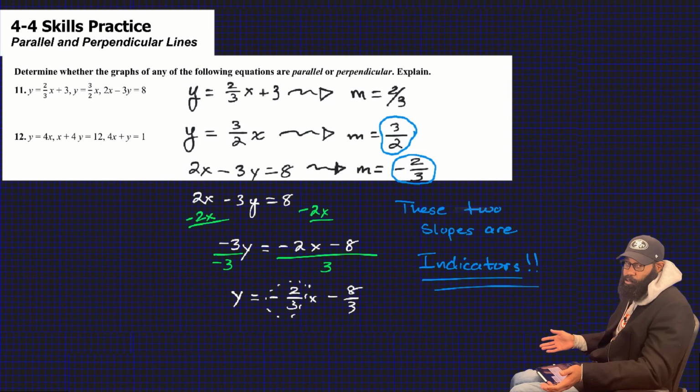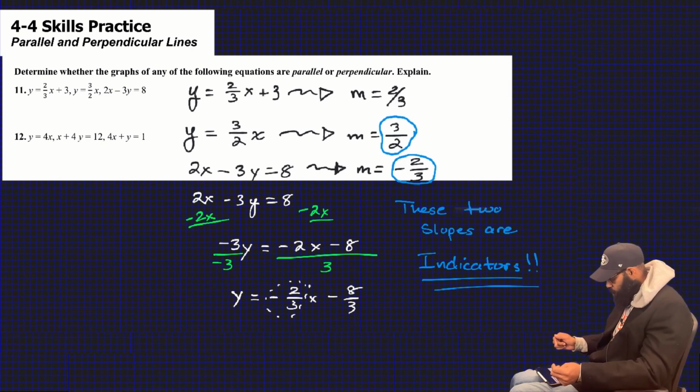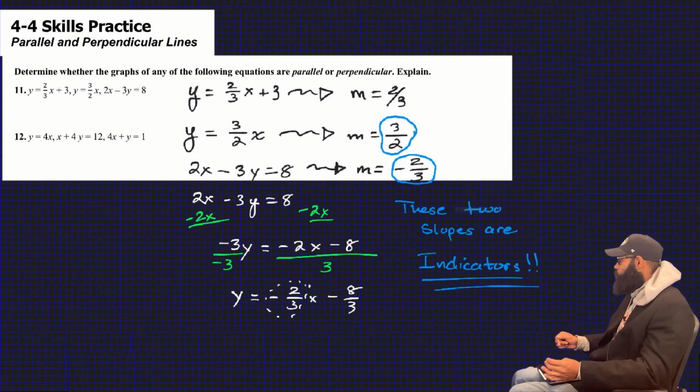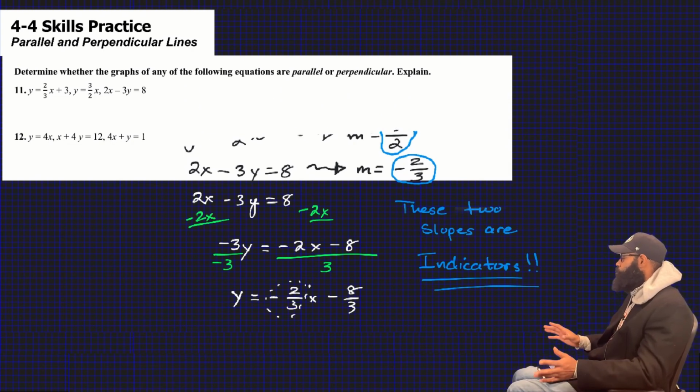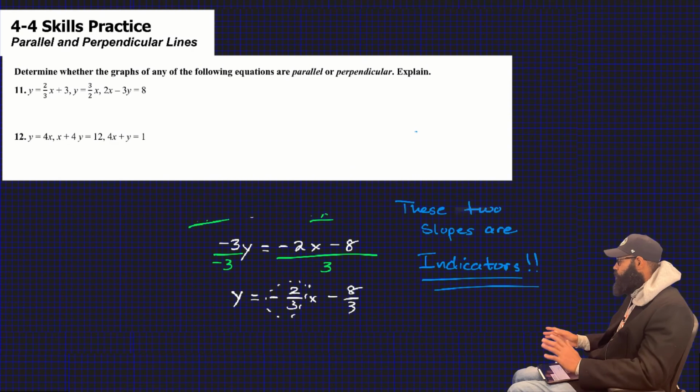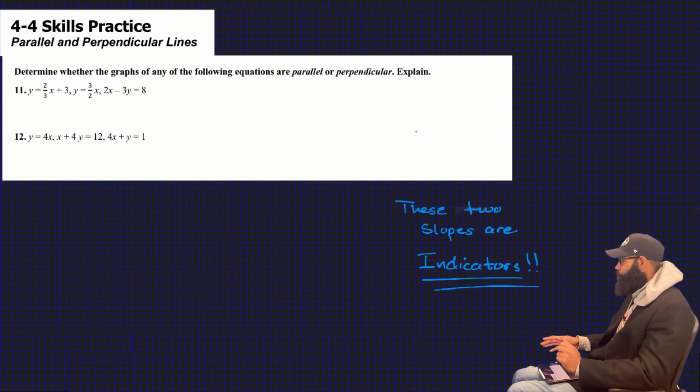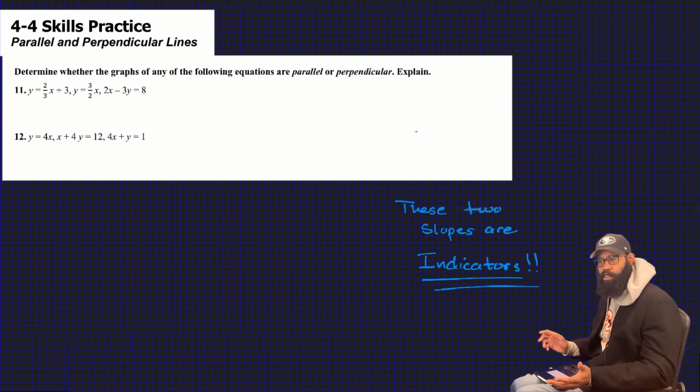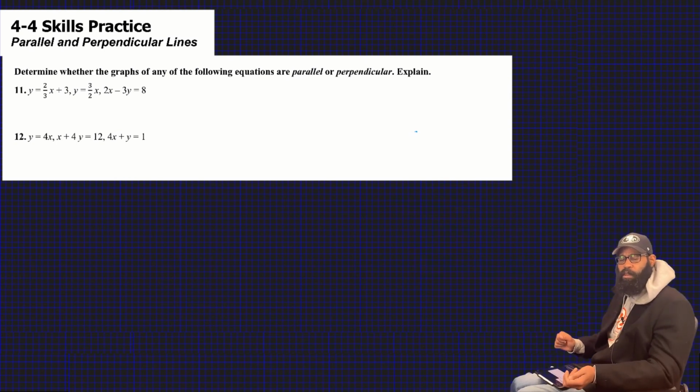They are indicating what's going on, right? I gotta be careful about that last one, going too fast. But those indicate your slope. So as I was talking earlier, guys, you gotta find the slope because the slope's gonna tell you if they're parallel, and the slope's gonna tell you if they're perpendicular.